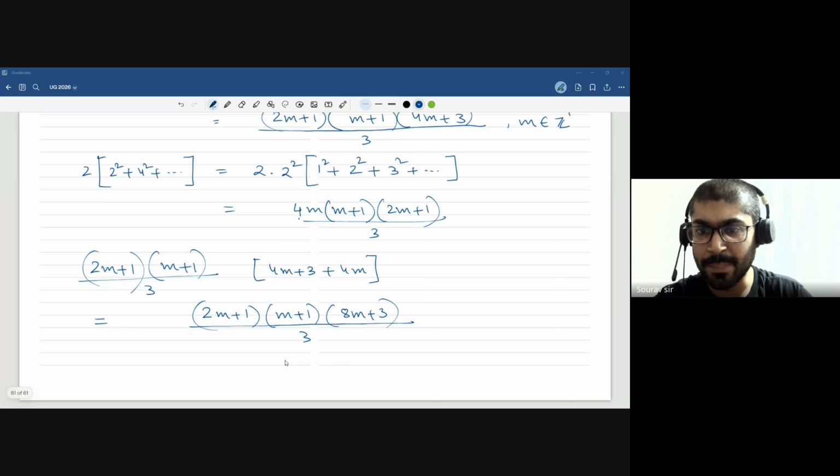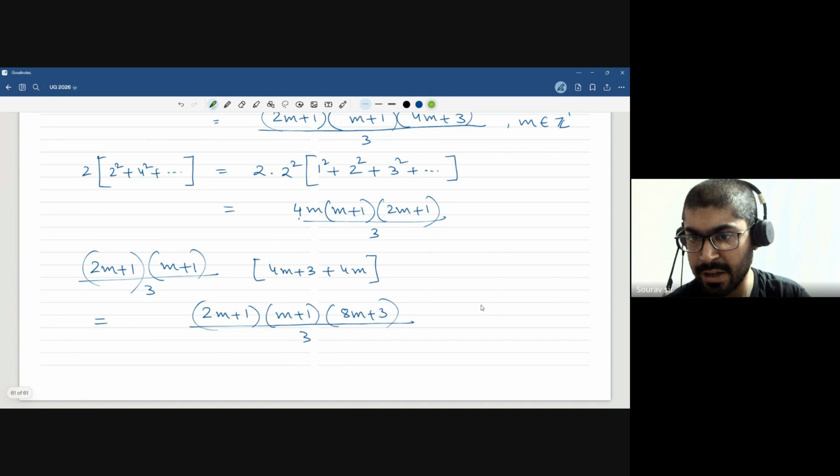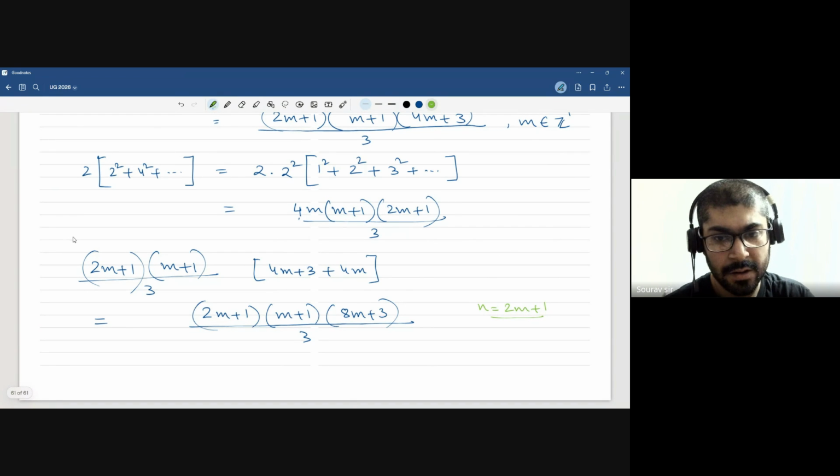Now you can replace 2m plus 1 equal to n, and that should give you your answer. Check if that happens. There is a bit of algebraic manipulation here. Check, check. So if you replace n equal to 2m plus 1, see if that gives you your answer.